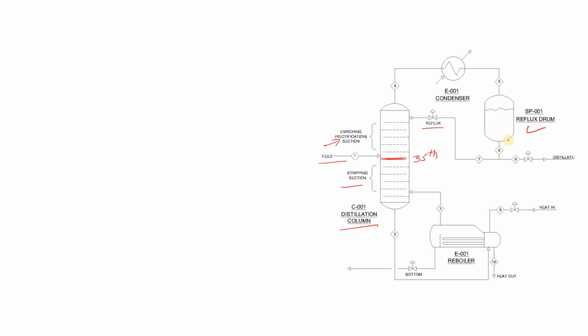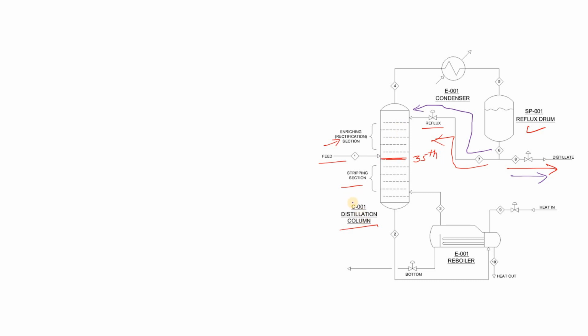From the accumulator, one stream we send to the distillation column and one stream we send as a distillate, or we take out as a product. So where do we send that reflux in the column? Mainly we send that reflux at the top tray of the column.